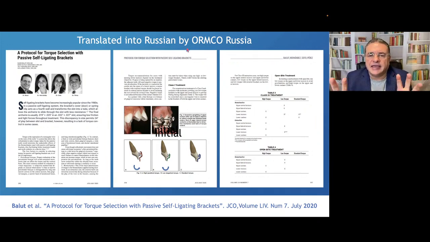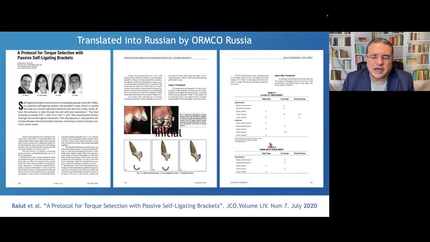And there I explain what I recommend for torque selection depending on the type of malocclusion. Again, this is not a recipe, but in general, those are my suggestions for what we will do in order to select the torque.